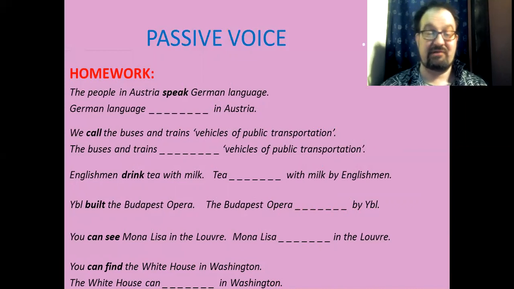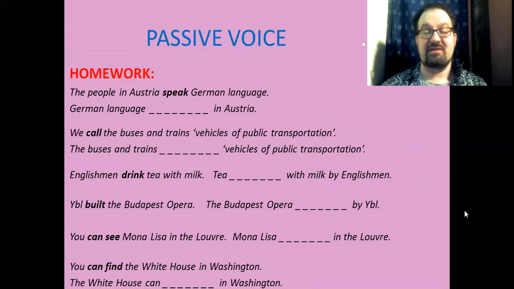If it is important to say by Englishmen, it's there, but how do you make it a passive sentence? Drink, drank, drunk. The third one is drunk. Okay, figure that out. If Eiffel built the Budapest Opera, then the Budapest Opera, how to say it, Eiffel built it.